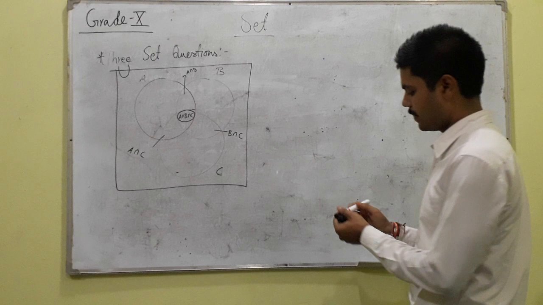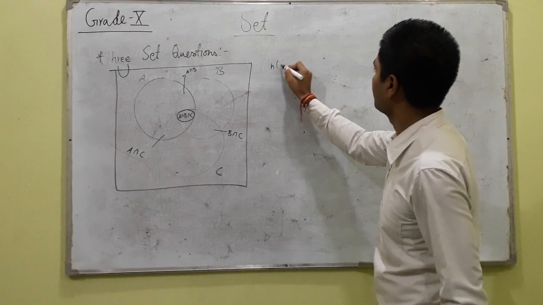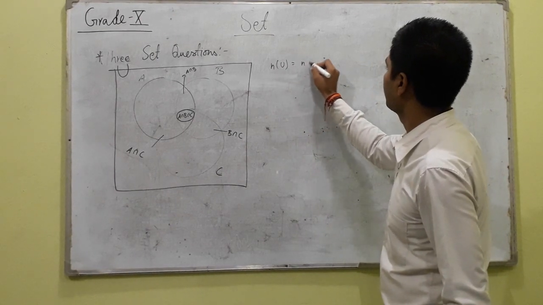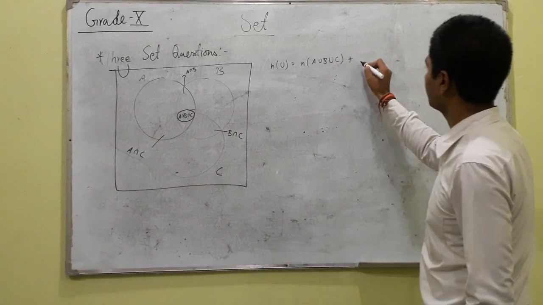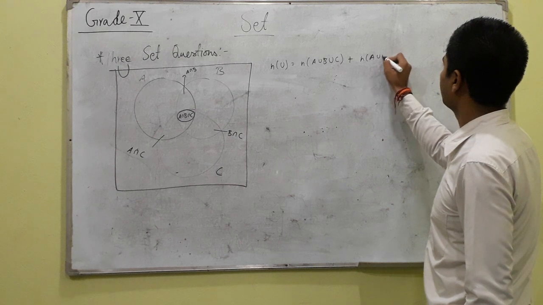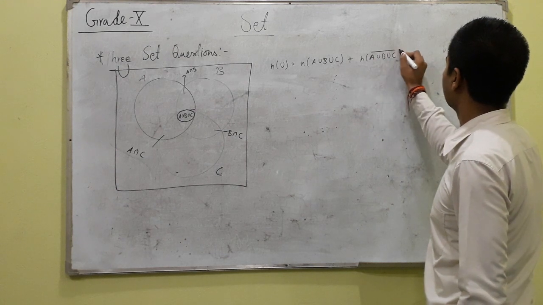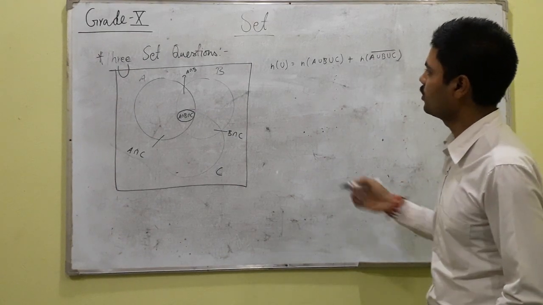Remember here, that is the universal set, that is A union B union C plus A union B union C complement as before.